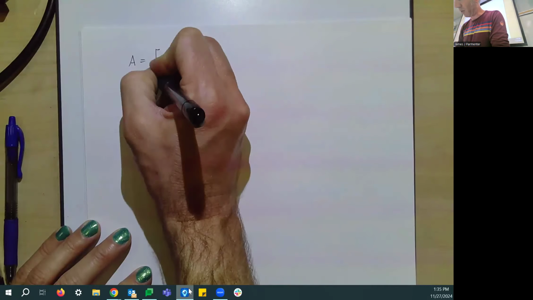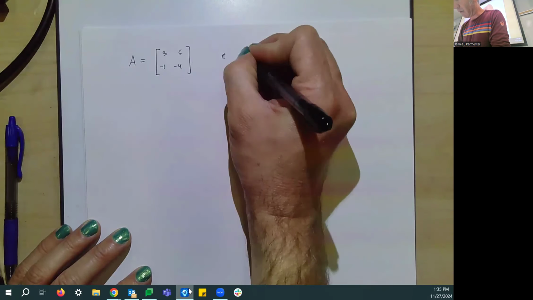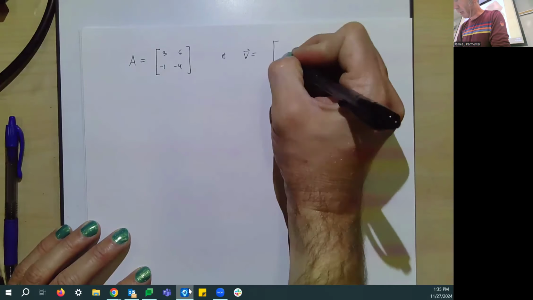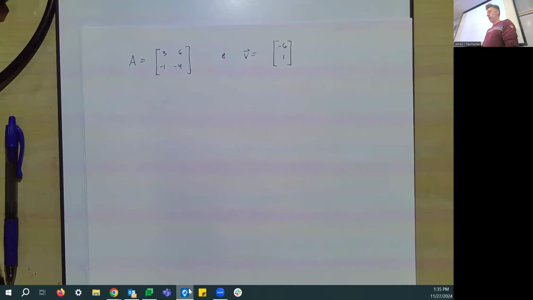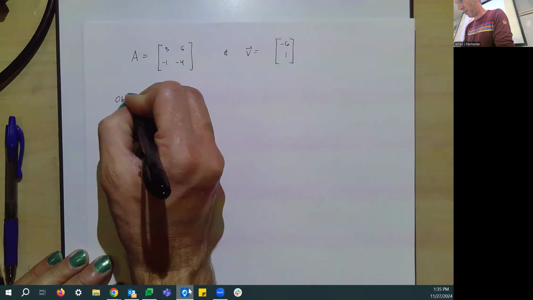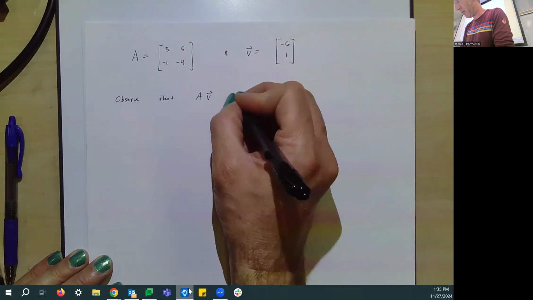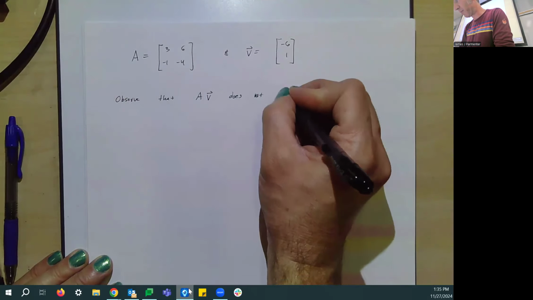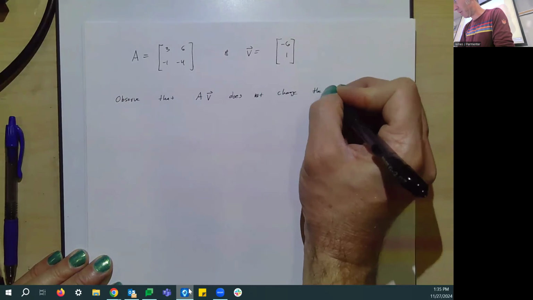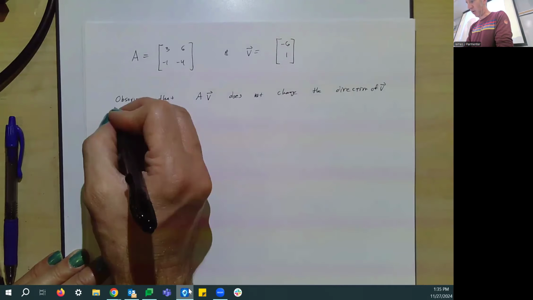So let's look at this matrix A equal to 3, 6, negative 1, negative 4, and V equal to negative 6, 1. And I will point out here in a second, observe that A multiplied by V does not change the direction of V. Let's take a look.